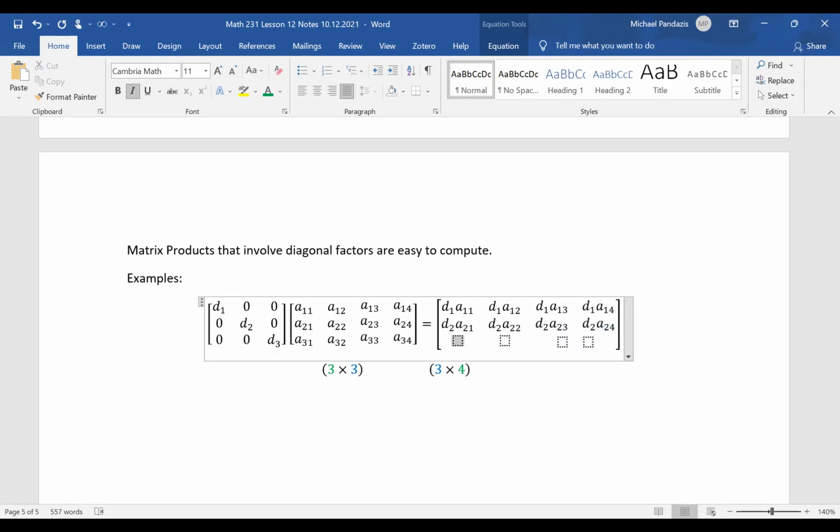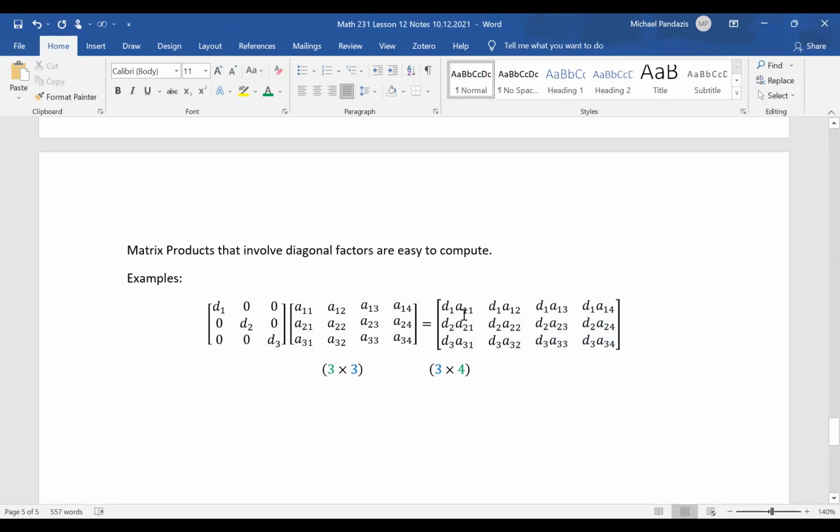Then you multiply the third row by D3: D3 A31, D3 A32, D3 A33, D3 A34. So left multiplying by a diagonal matrix just results in multiplying the rows of the matrix by the corresponding entries on the main diagonal. See that?